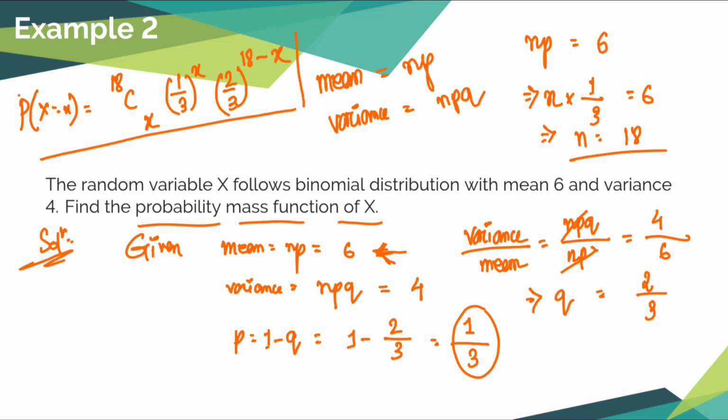So this is the probability mass function of the required distribution, right? So from a given mean and variance, if you are trying to find the parameters, the first step is to divide the variance by the mean. If you divide the variance by the mean, you will get the value of q on your right hand side.